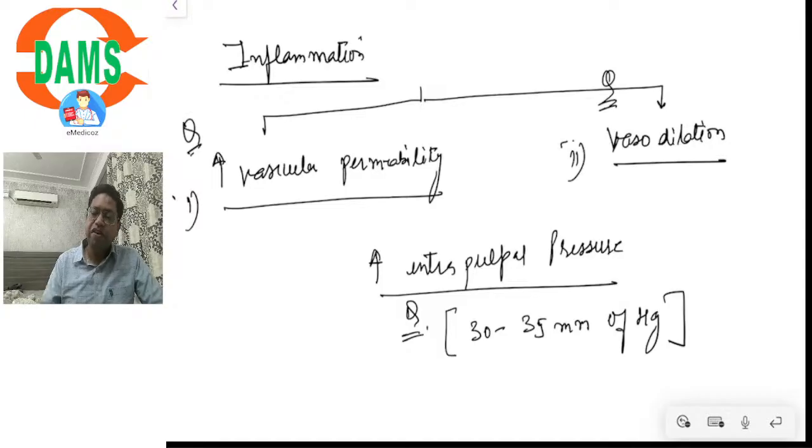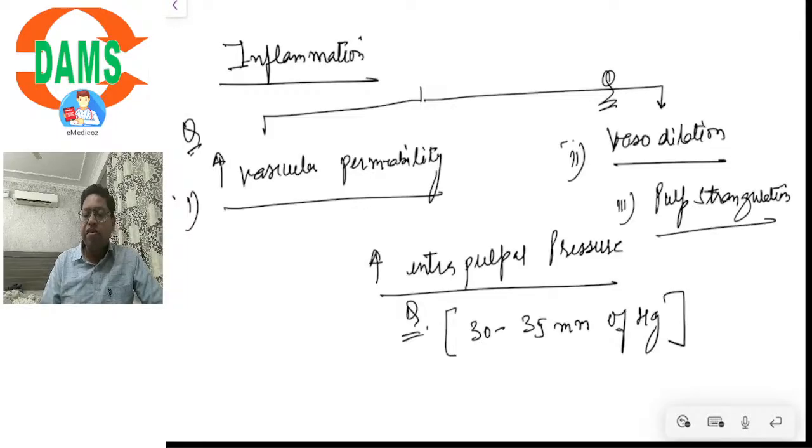Okay, previously one concept was there, pulp strangulation. The third reason previously proposed was pulp strangulation. Strangulation means to cut off, isn't it? They proposed that whenever there is increased intrapulpal pressure, the pulp becomes strangulated and it dies.